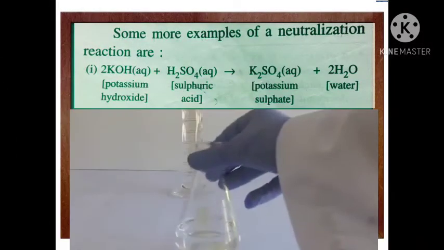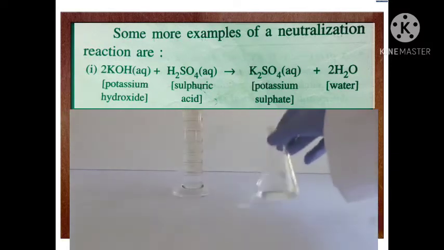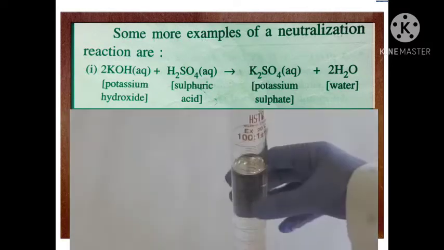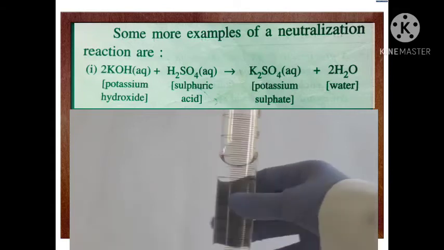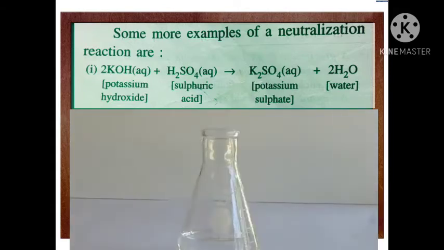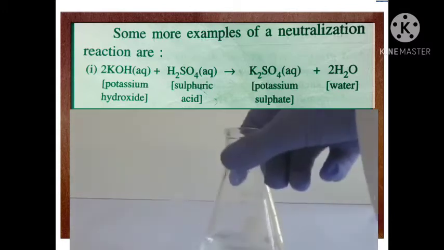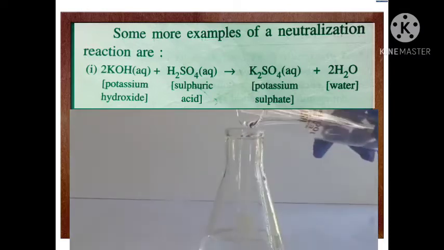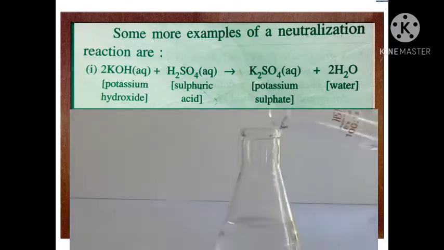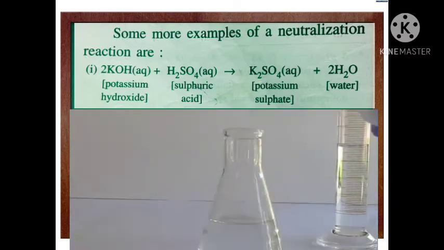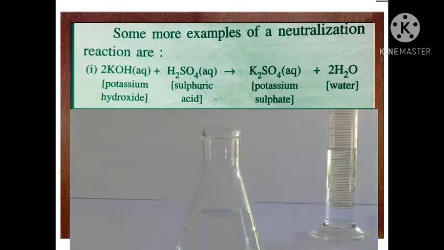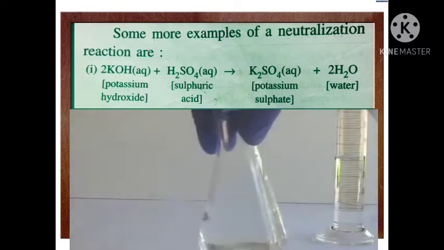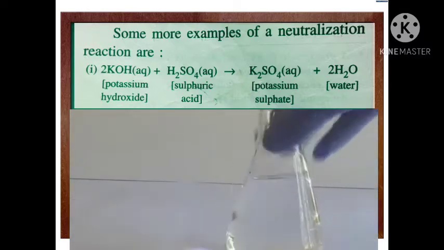Let us study a few more neutralization reactions. Here we will take potassium hydroxide and sulfuric acid. A few drops of indicator are added to the sulfuric acid. There is no color change noticed. Now drop by drop we will add potassium hydroxide and observe if any color change takes place.